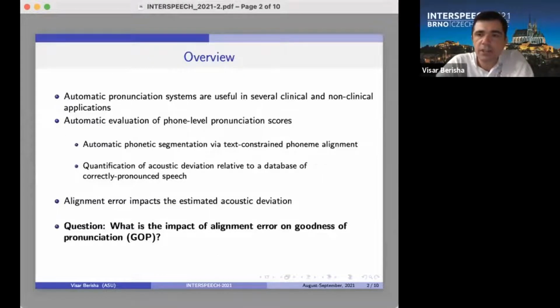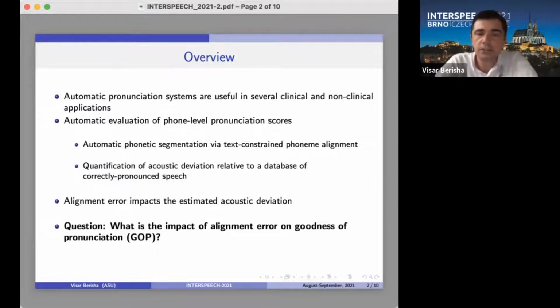Pronunciation errors are the result of a deviation in speech acoustics relative to typical speech production. Automated phone-level pronunciation systems evaluate this acoustic deviation in a spoken utterance relative to a corpus of typical speech on a phoneme by phoneme basis.